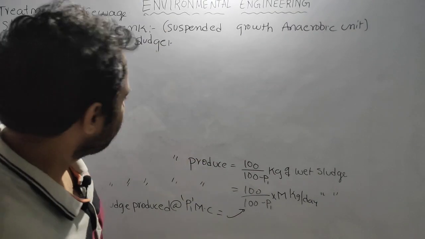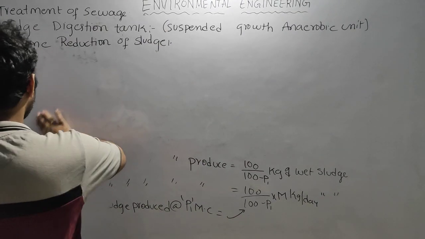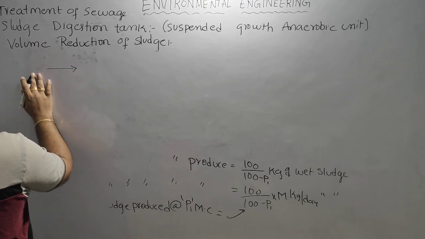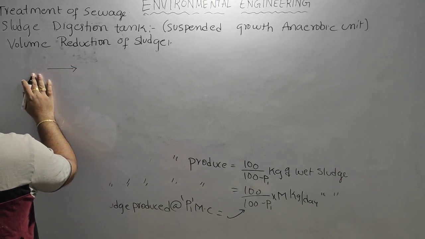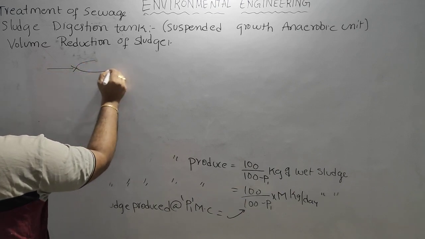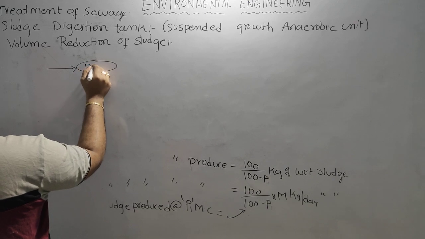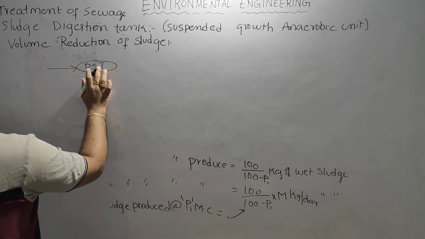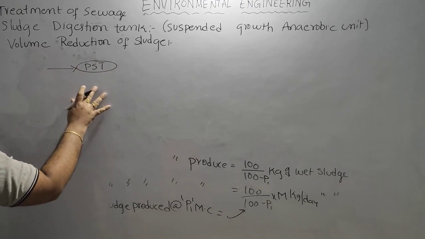See here, first of all, this is the system starting. From the screening grid chamber and the skimming tank, the influent is entering into where? The primary sedimentation tank. This primary sedimentation tank will have some efficiency of removal.